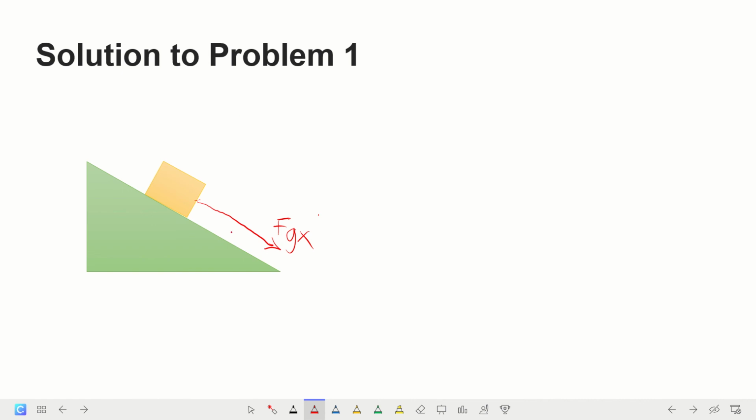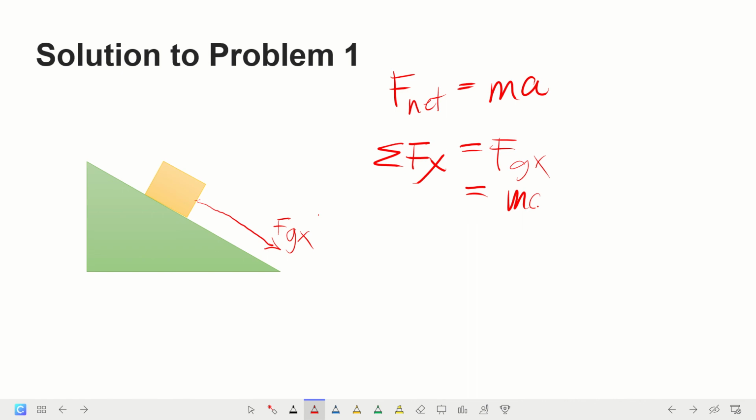To solve for the acceleration, we can use Newton's laws of motion, wherein the second law states that F net is equal to ma. Earlier, we know that the summation of forces along the parallel line, along the x, is equal to F_g,x. So we substitute it with the mass times g, times sine theta.